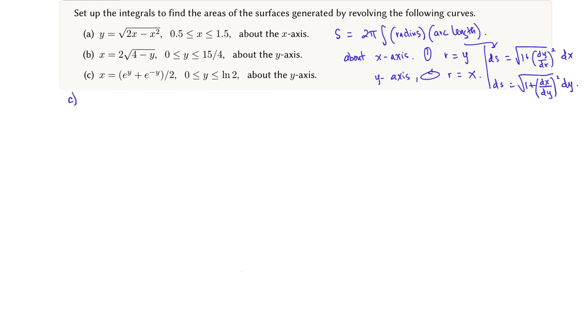For part c, x is given in terms of y. X is 1/2 times e to the y plus e to the negative y, and y goes from 0 to ln of 2. And since we rotate about the y-axis, the radius is x.